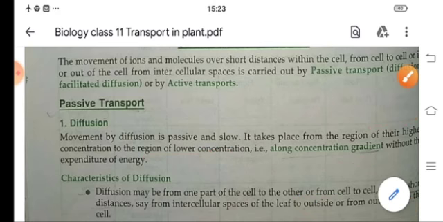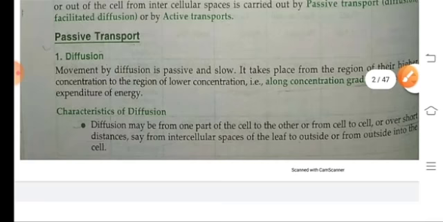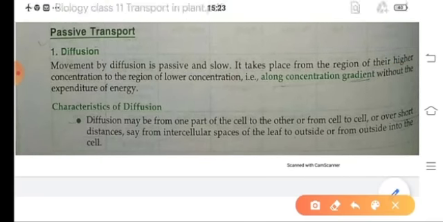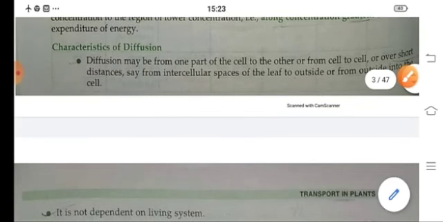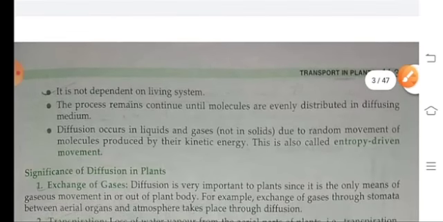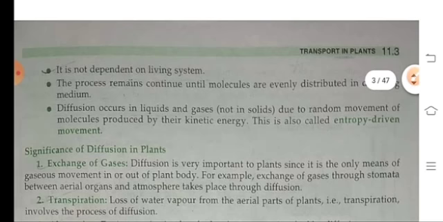So what are the characteristics of diffusion? Now this diffusion takes place from one part of the cell to the other part of the cell, over short distances, or we can say from the intercellular spaces of the leaf to the outside, or from outside to inside of the cell. Some other characteristics of diffusion are that it is not dependent on the living system.